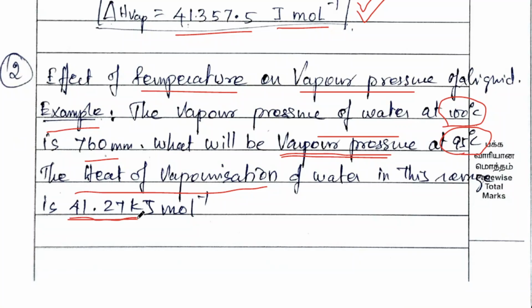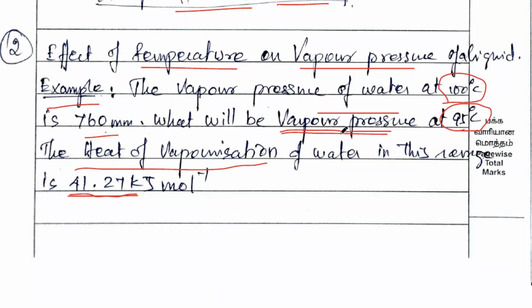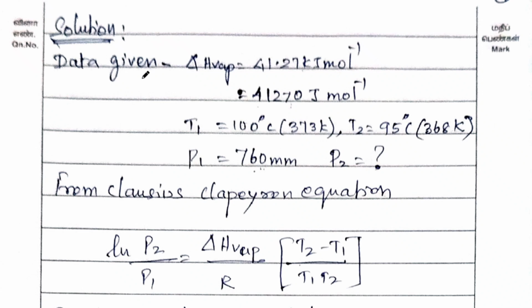Using this value, we are going to calculate P2. The given data in this problem is: delta H vaporization is 41.27 kilojoule per mole, and this can be converted into joule by multiplying by 1000, so it is 41,270 joule per mole.